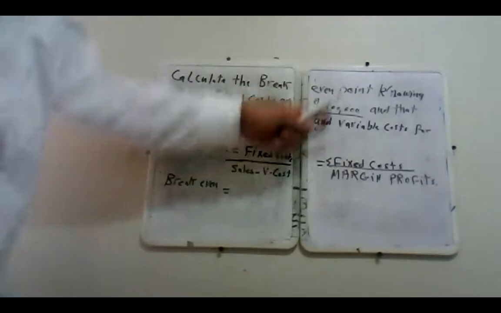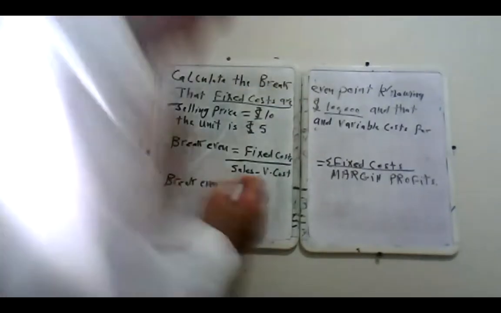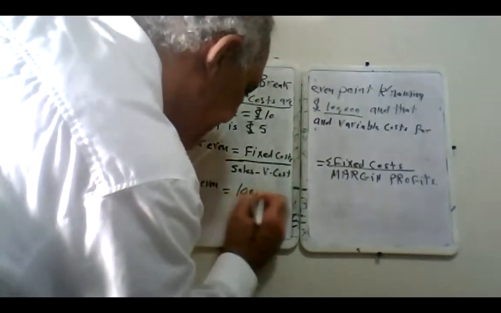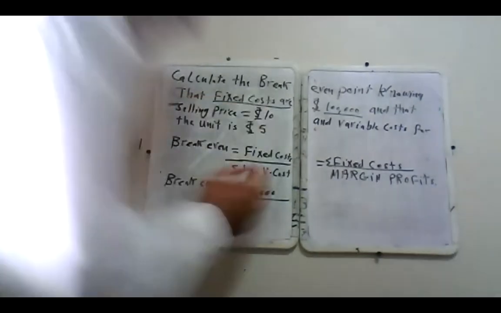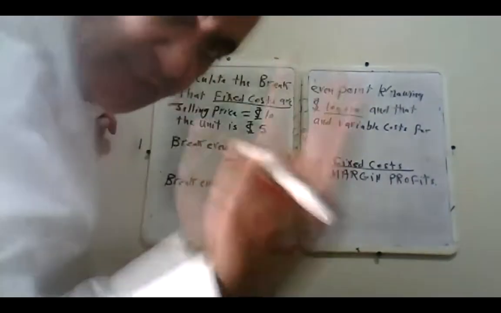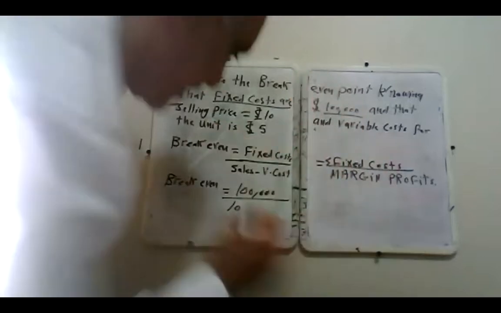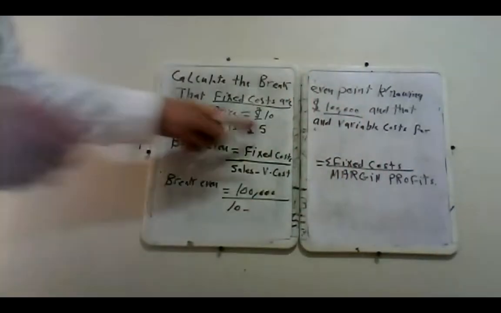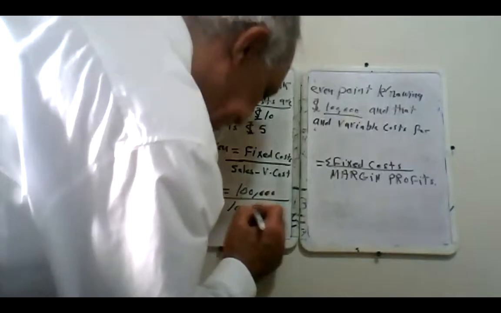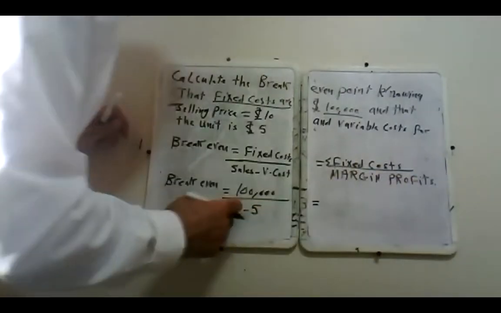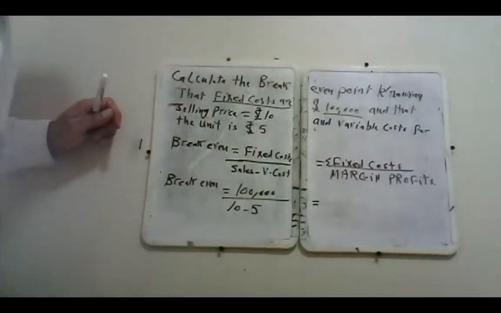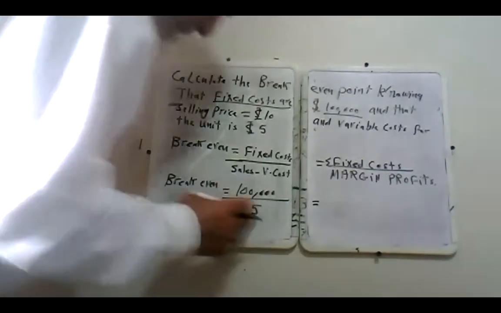So here we'll say the fixed cost is 100,000 divided by the selling price of $10 per unit, minus the variable costs of $5. The profit margin will be 10 minus 5, which is $5, the selling price minus the variable cost.